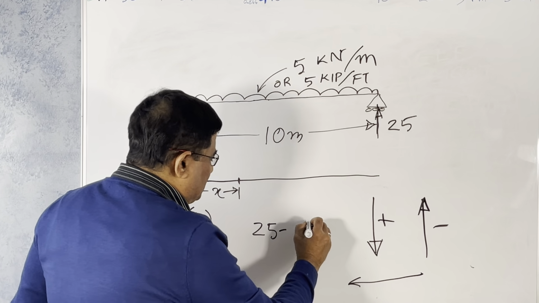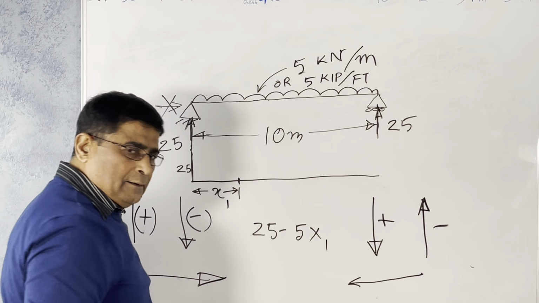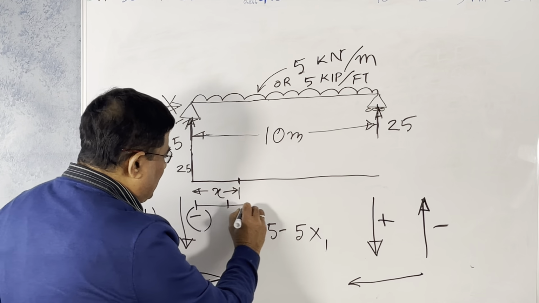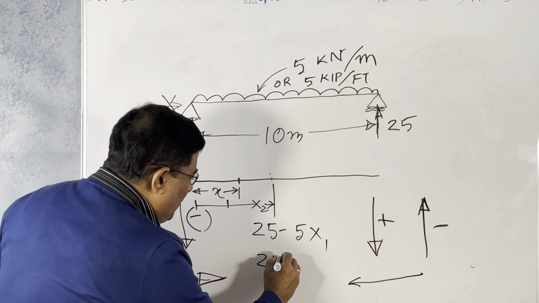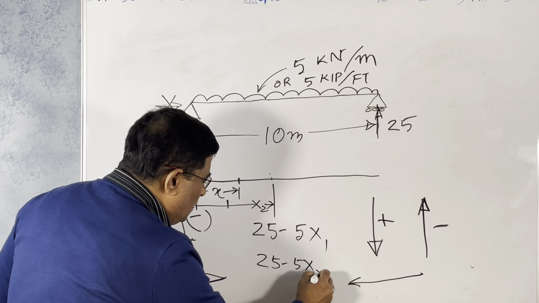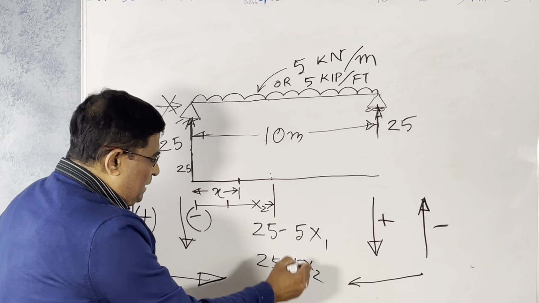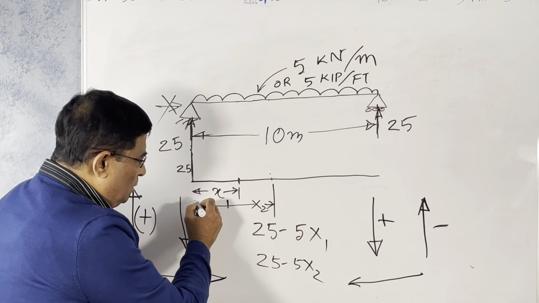Consider this is x1. The second point, from here to here, is x2. So this shear force will be 25 minus 5x2. Look, x1 is smaller than x2.